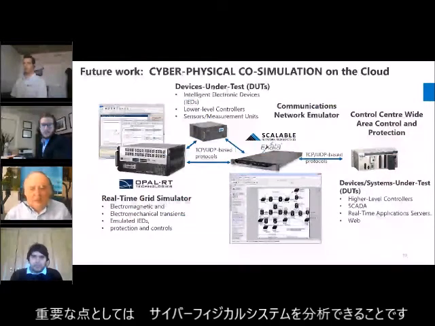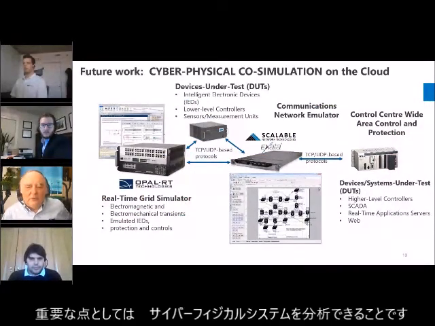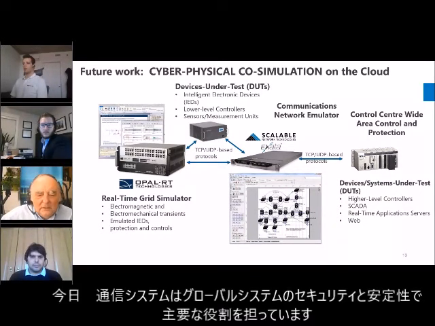So one important point also is to be able to analyze cyber-physical systems. Because now the communication system will play a major role in the global system security and stability.